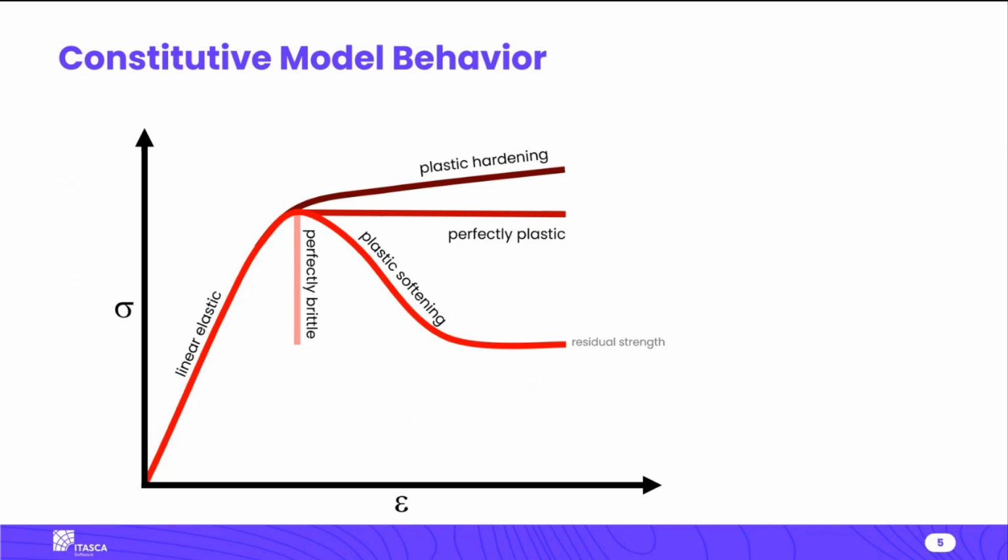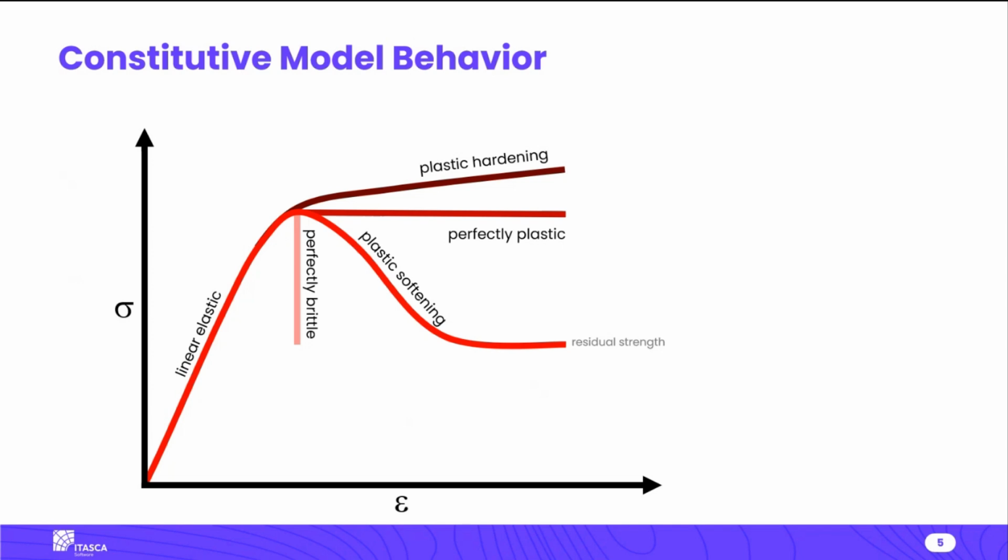So in the rock mechanics world, and to some extent soil mechanics, this is generally the range of behaviors that you would expect. Often these models start out linearly elastic, and then they have some sort of strength. And when that strength is reached, they either become perfectly plastic, so they will continue to deform at a constant state of stress.